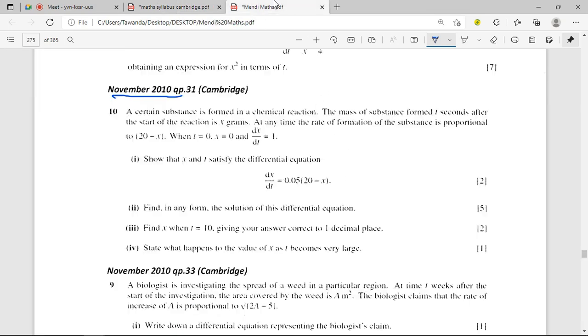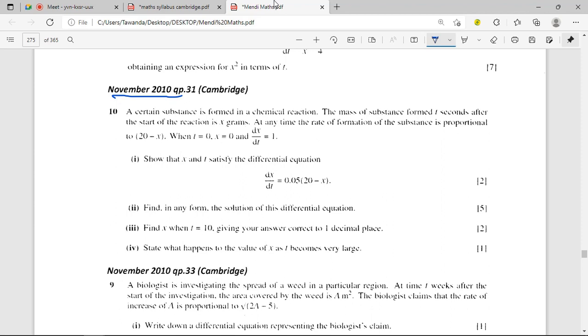The question is saying a certain substance is formed in a chemical reaction. Then they went on saying the mass of a substance formed t seconds after the start of the reaction is x grams. So we are forming a substance, right?